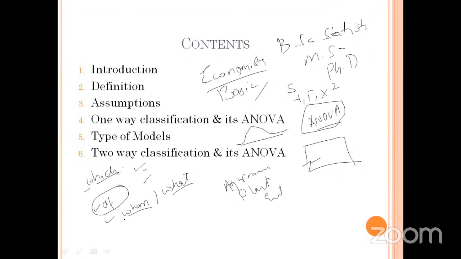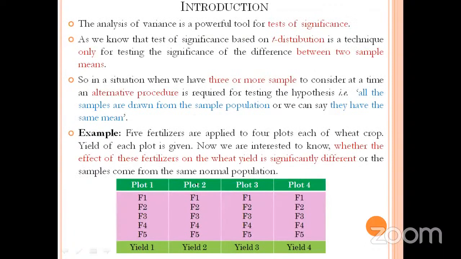And you should know terms like explained sum of squares, total sum of squares, and residual sum of squares. If you know these things, you need not know anything more about Anova. But I'm telling you, Anova itself is a very big chapter.